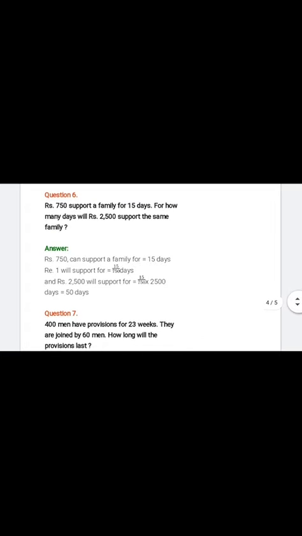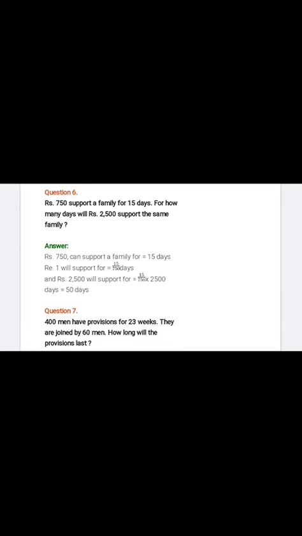Now rupees 1 will support that family for how many days? 15 upon 750 days.